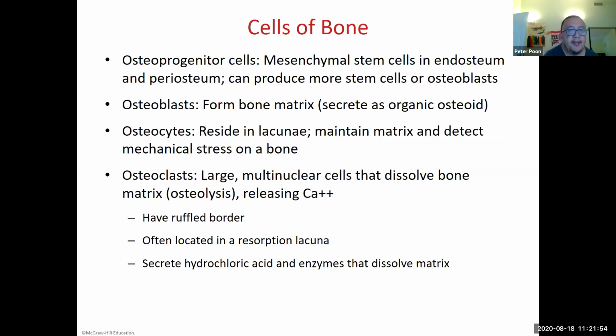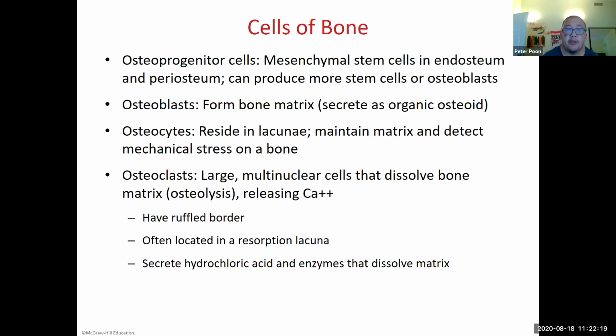All right. The cells inside bone. Osteoprogenitor cells, or osteogenic cells in other textbooks, are going to be stem cells. They'll produce osteoblasts.